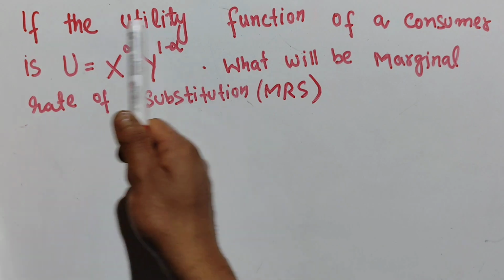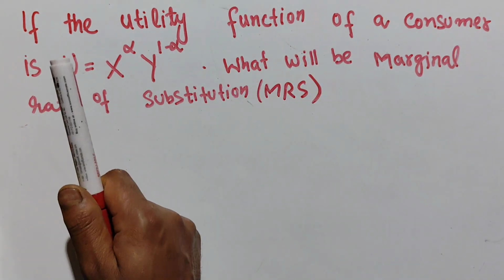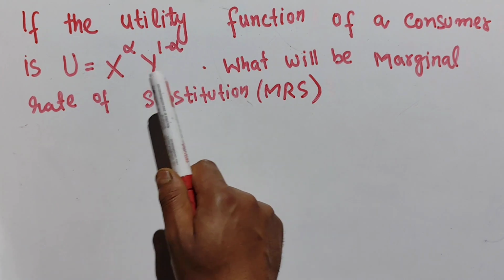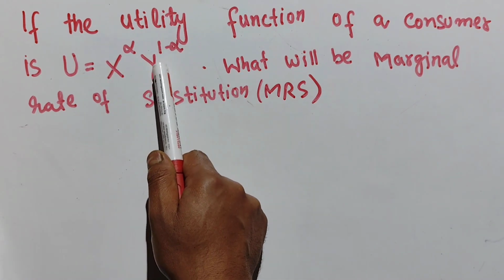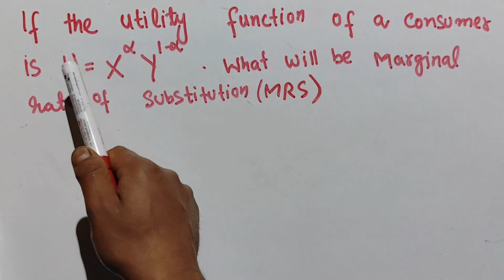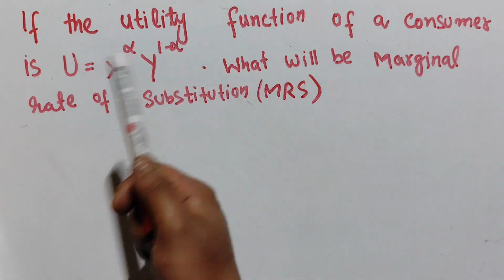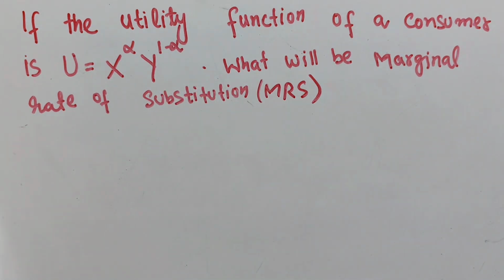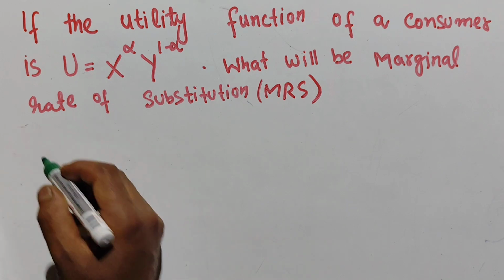The question is, if the utility function of a consumer is u is equal to x raised power alpha times y raised power 1 minus alpha, x and y are the two goods consumed by the consumer, and u denotes the utility derived from the consumption of these two goods, we have to find out the marginal rate of substitution. Okay, so what is MRS?